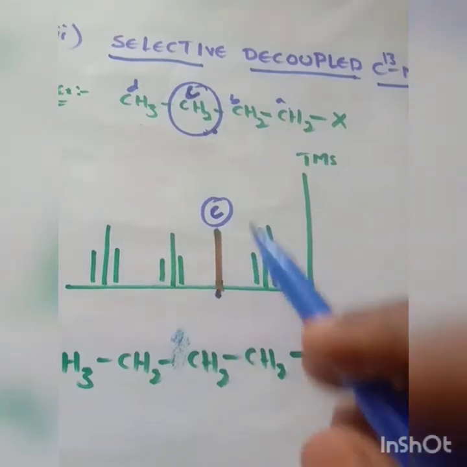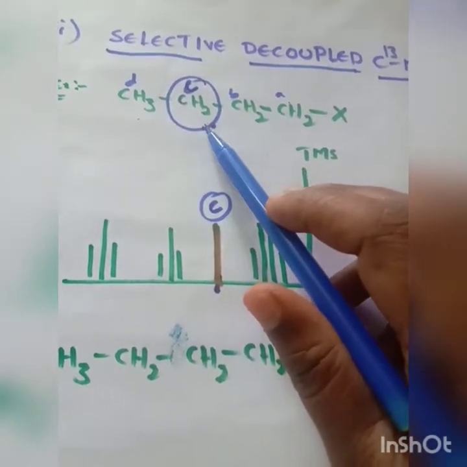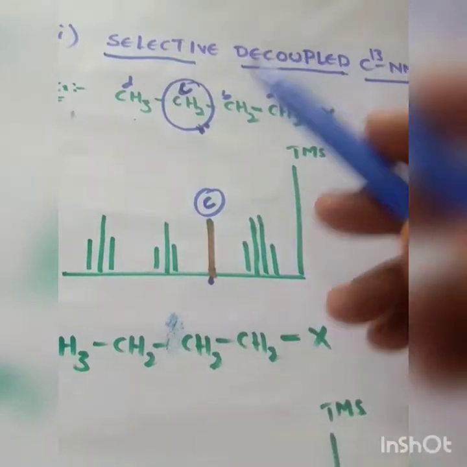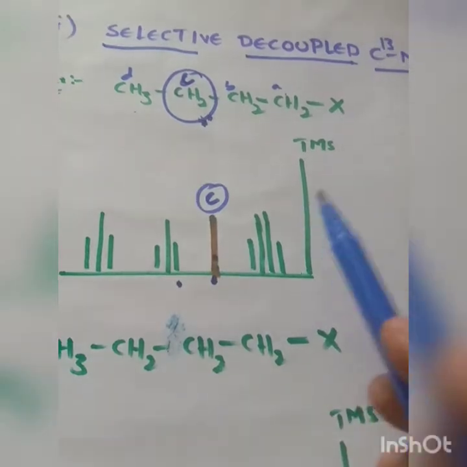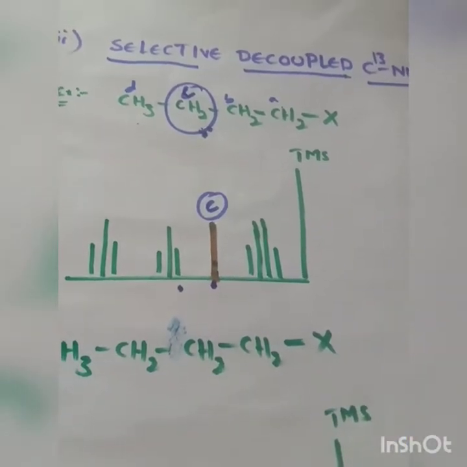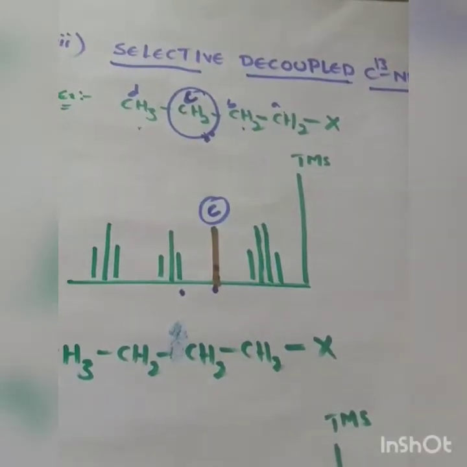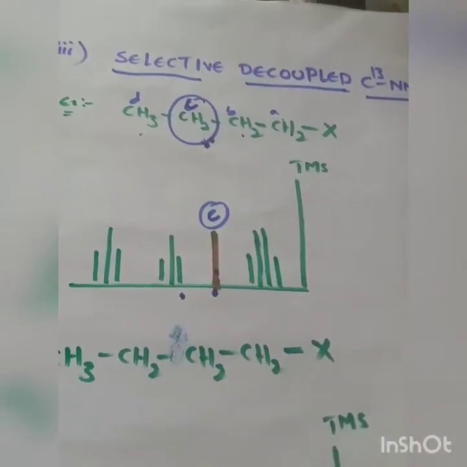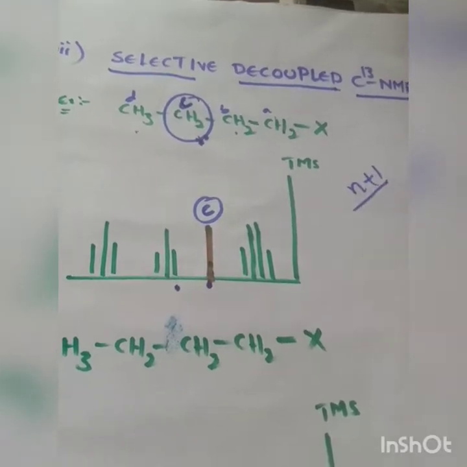Here we selectively choose the CH2, and that CH2 group alone gives a singlet in the spectrum, meaning it undergoes decoupling. The remaining A type, B type and D type undergo coupling, meaning multiplicity according to the n+1 rule.